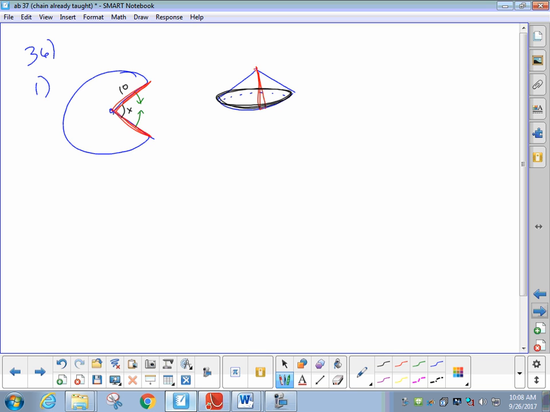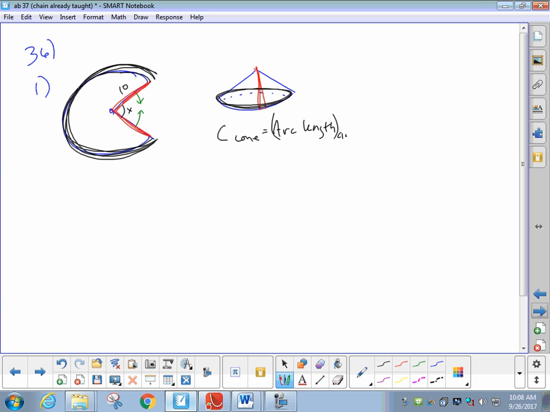Oh, it's the part that's not removed, yeah, the major arc that's not removed. So this part in black, once these are close together, it closes the circle and becomes that base. So the circumference of the cone is equal to the arc length of the circle.